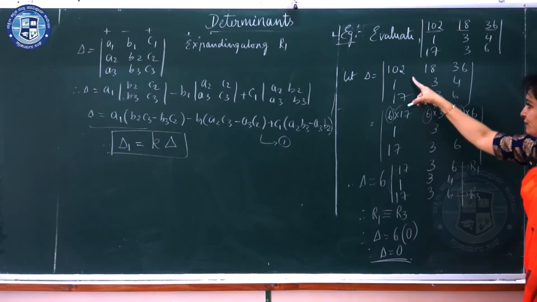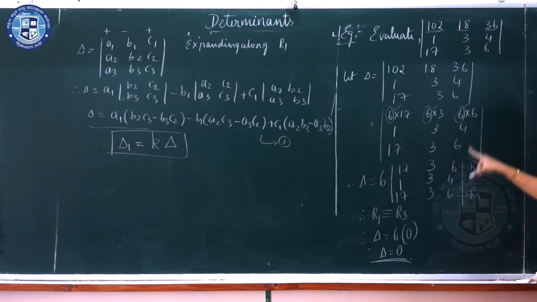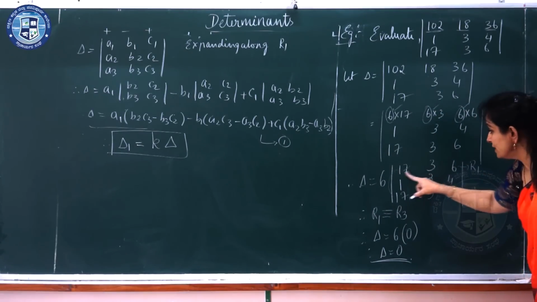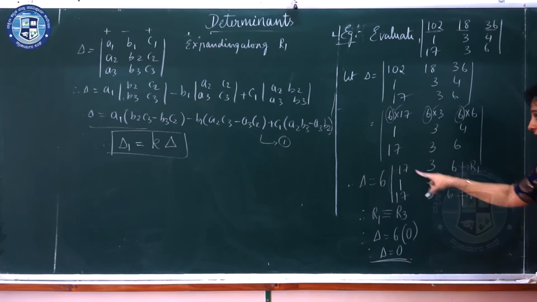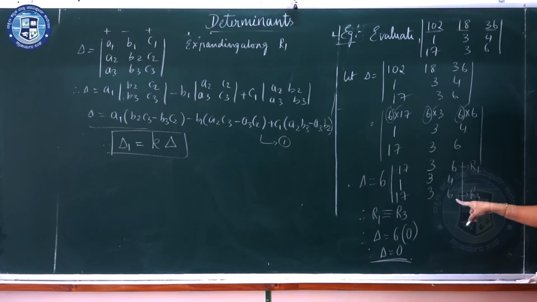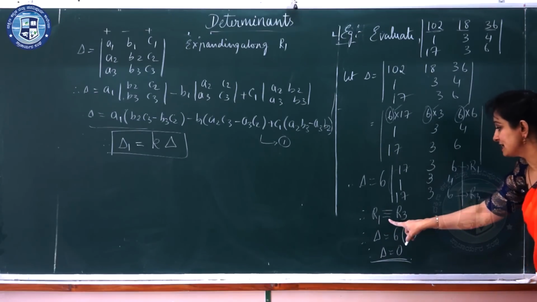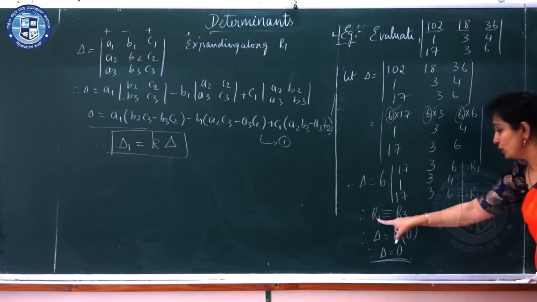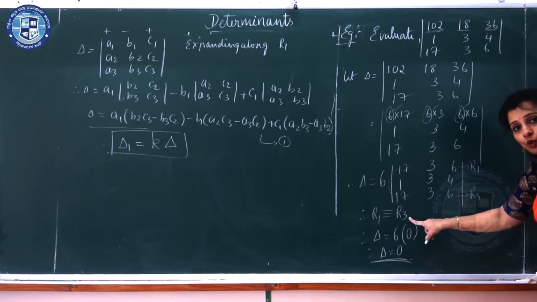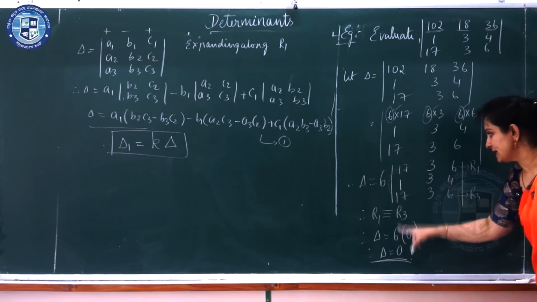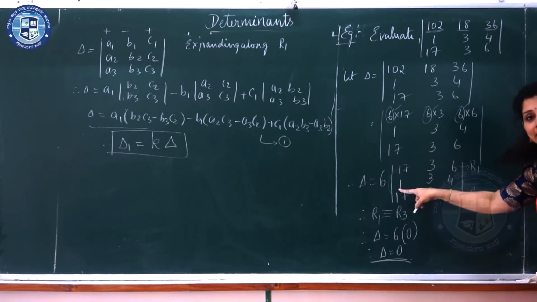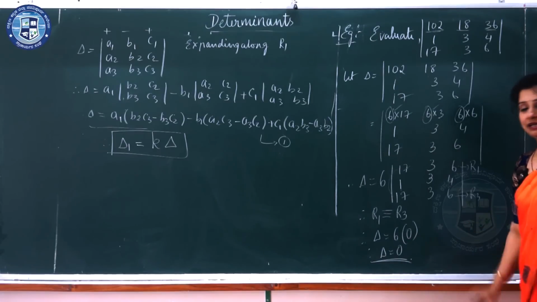Now the remaining elements we will write: 17, 3 and 6. Observe the rows now. First row and third row elements are identical. So we have written R1 is identical to R3. Row 1 is identical to row 3. Then what happens? Delta will be 6 times the determinant, which turns to 0. So 6 times 0 is 0.